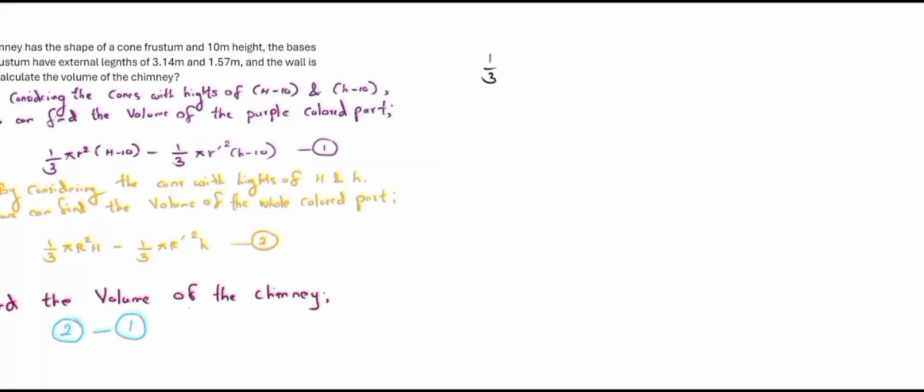1 over 3 pi capital R square times capital H minus 1 over 3 pi capital R' square times small h minus 1 over 3 pi small r square times capital H minus 10 plus 1 over 3 pi small r' square times small h minus 10.